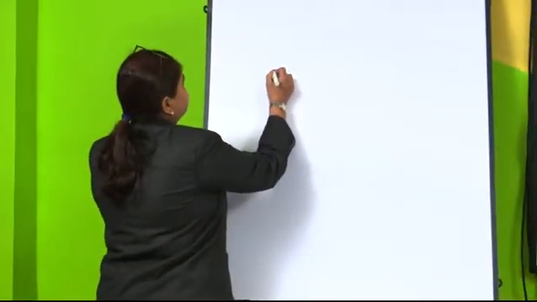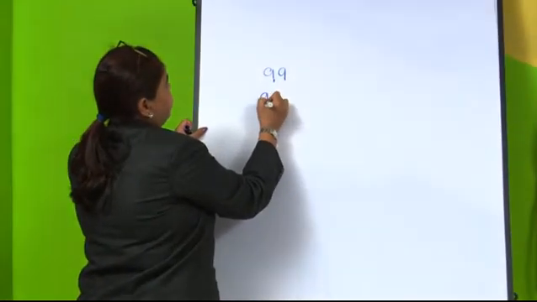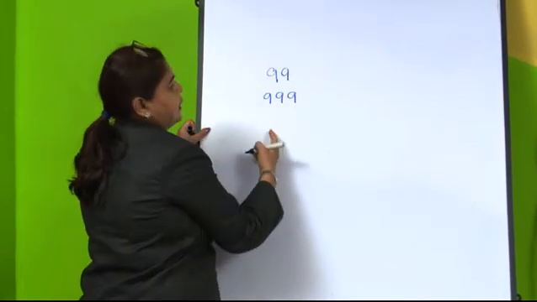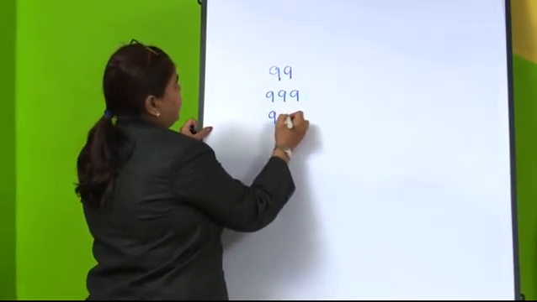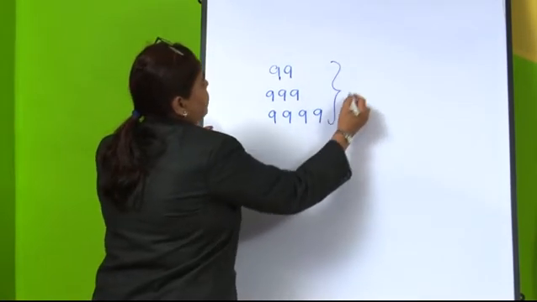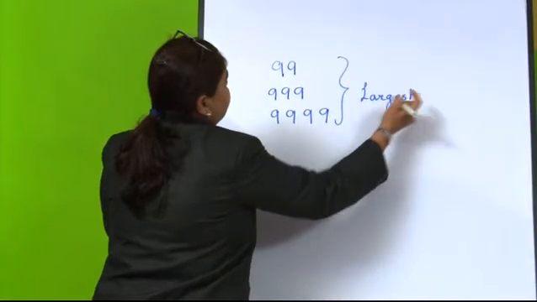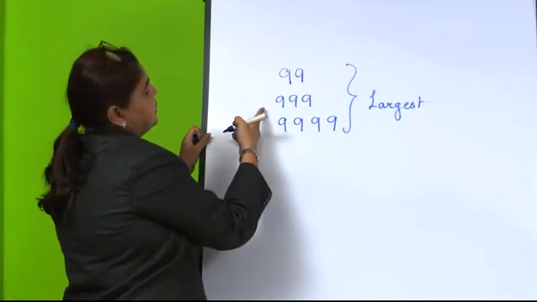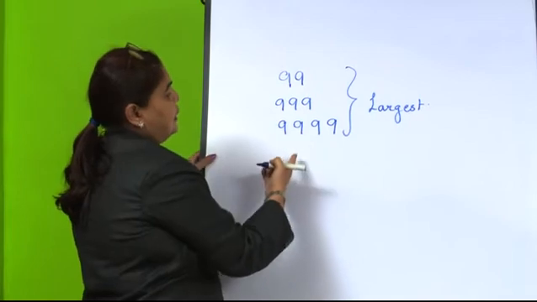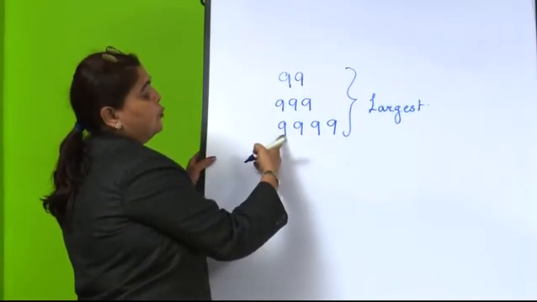Children, first we will recall the largest 2 digit number is 99, then 999, that is the 3 digit number, 9999, the 4 digit number. These are the largest numbers for 2 digit, 3 digit and 4 digit. We had learned only about 4 digit numbers.